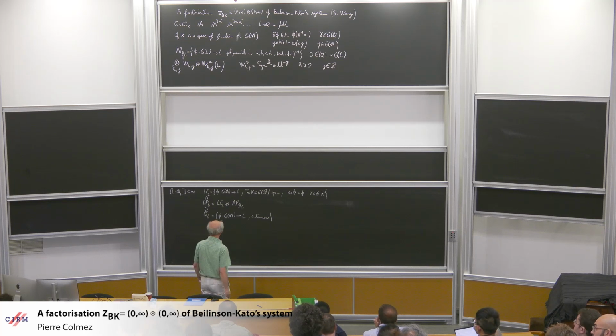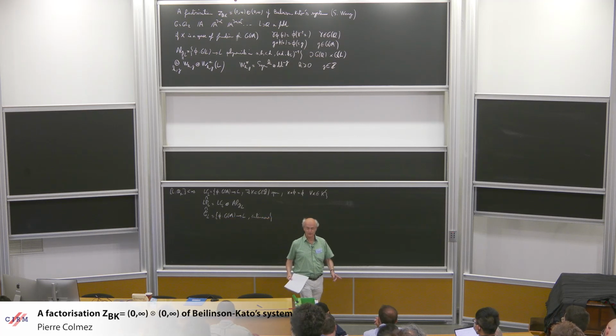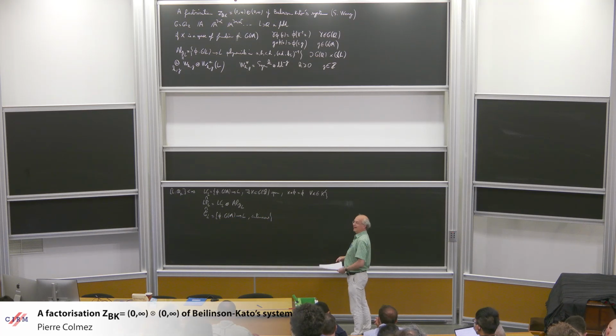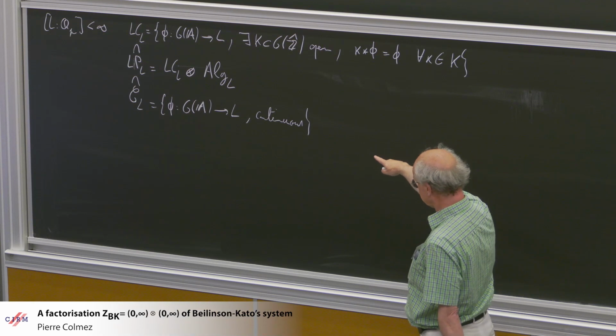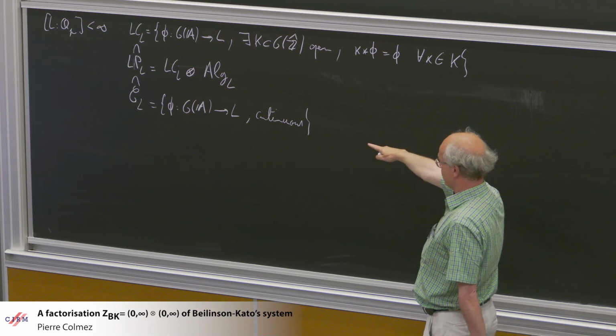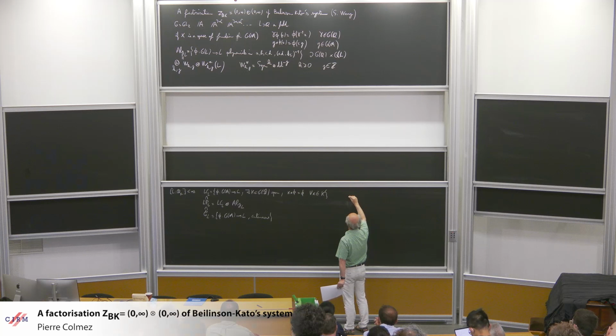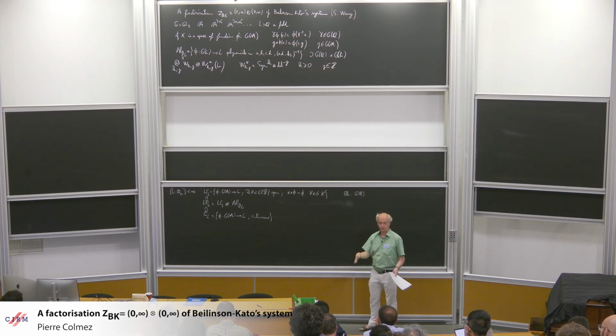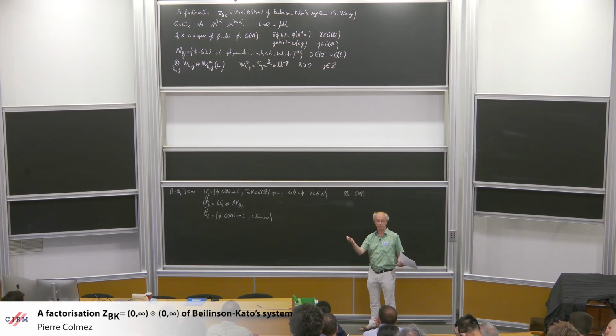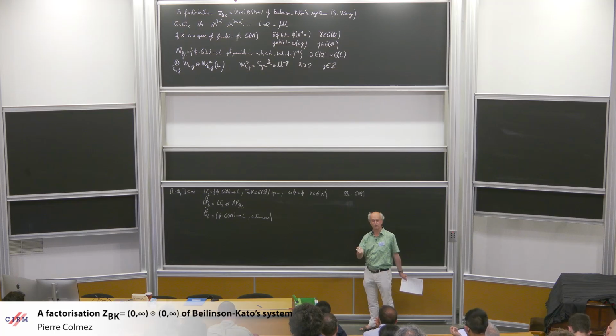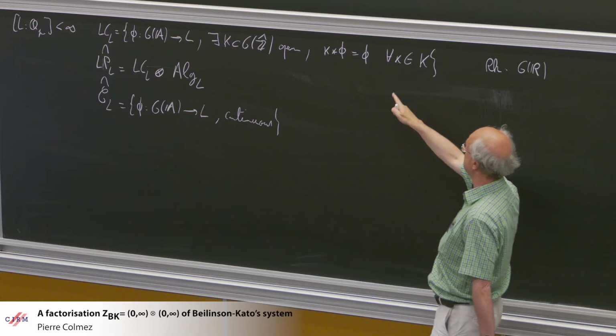So I wanted to make this remark. So at infinity, I want it to be continuous, yes. So the remark is that G of R just appears only through the quotient modulo the connected component of identity, because L is totally disconnected.